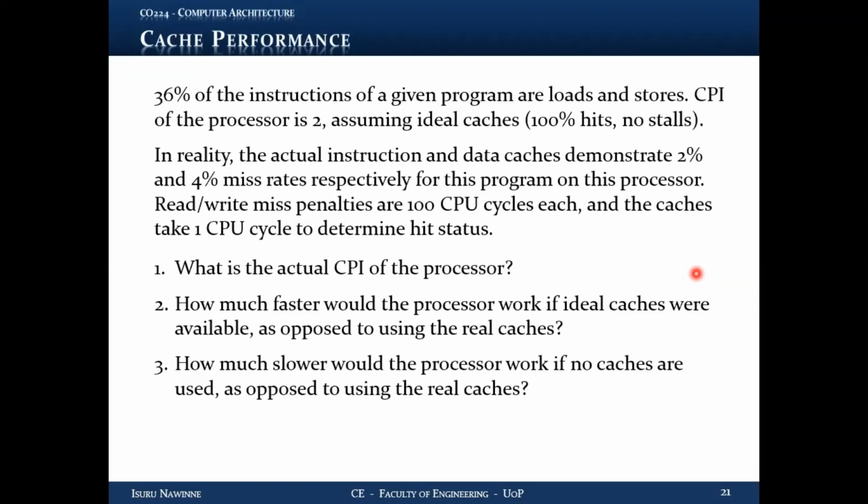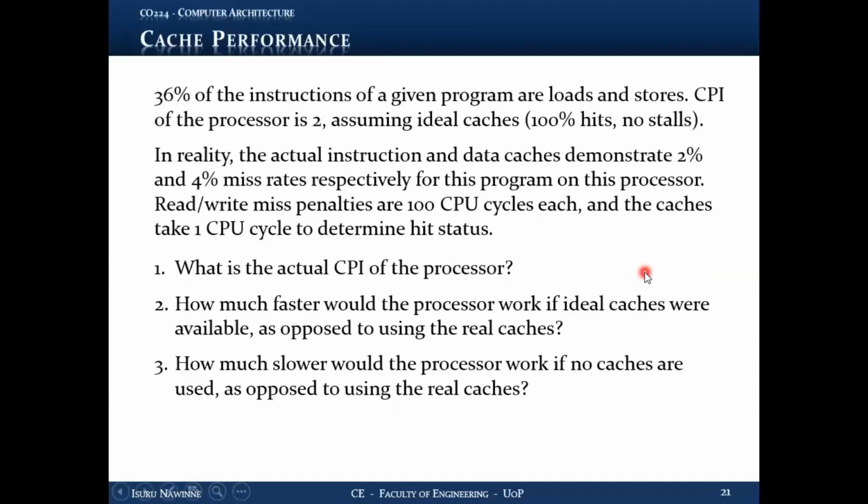If with some magic we can have ideal caches, then compared to your real caches, how much faster will your CPU run? What is the speed up ratio? Third question, if you have no caches at all, if you had to connect to the memory directly, how much slower would your processor work compared to having the real caches? Okay, so those are the 3 questions.